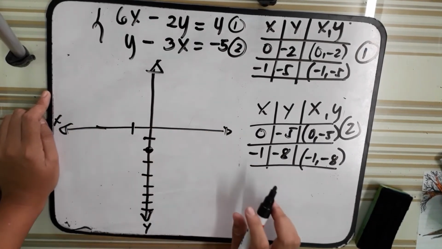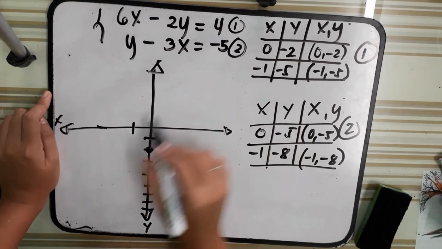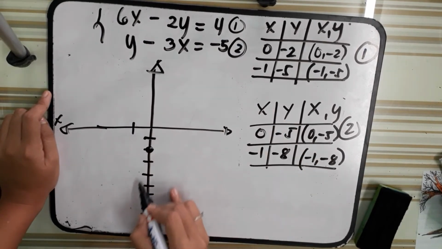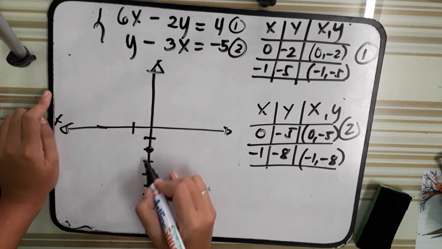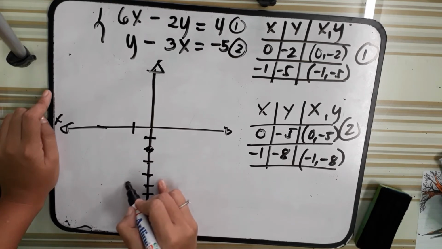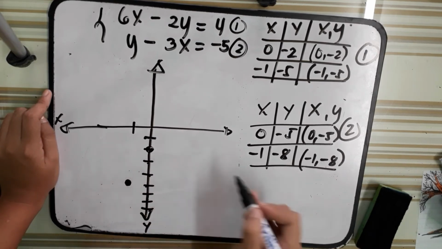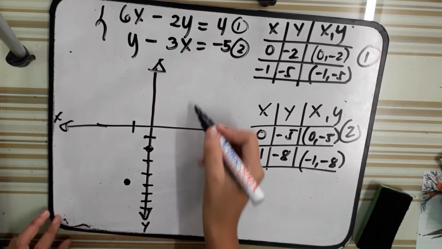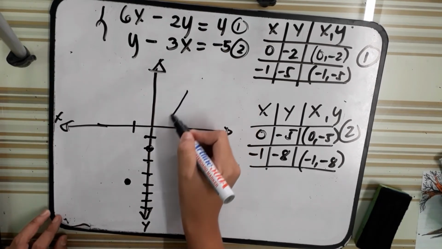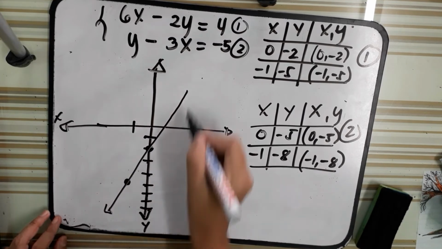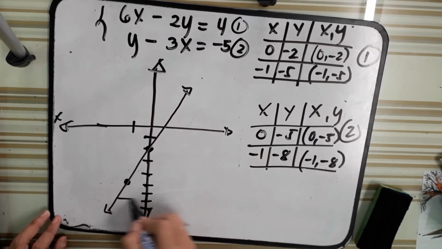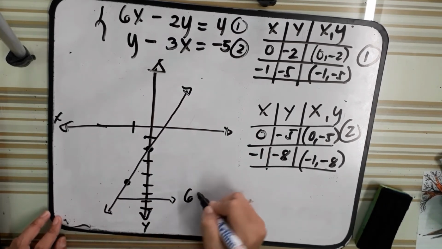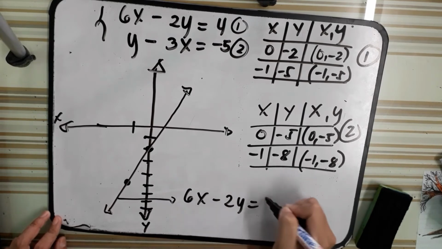Horizontal ang ating x-axis. So, negative 1 is here. Tapos, yung negative 5 natin ay bibilang tayo pababa. 1, 2, 3, 4, 5. So, ito siya yung intersection. Yun yung magiging part na ipa-plot natin. Then, let's connect the points para ma-graph natin yung ating first equation. Na ito yung graph ng equation natin na 6x minus 2y is equal to 4.